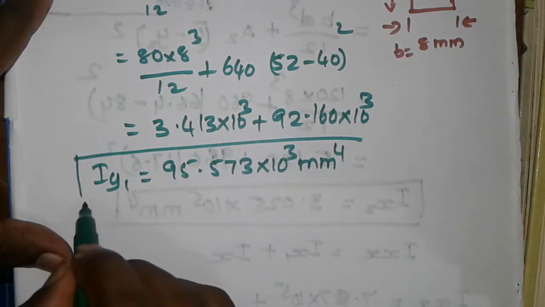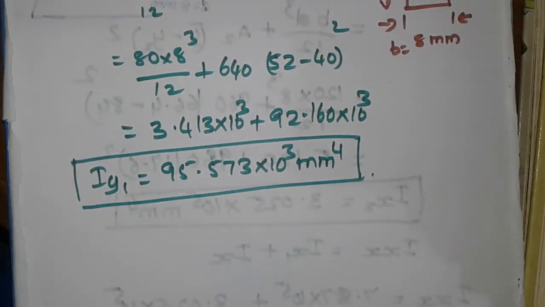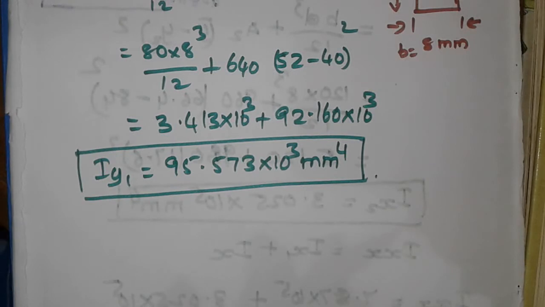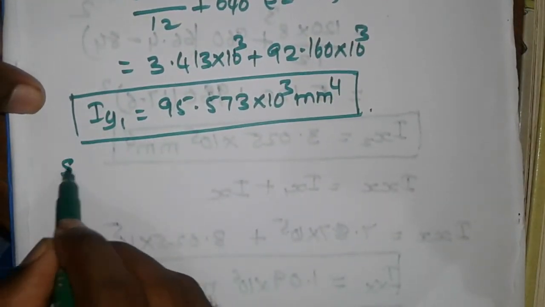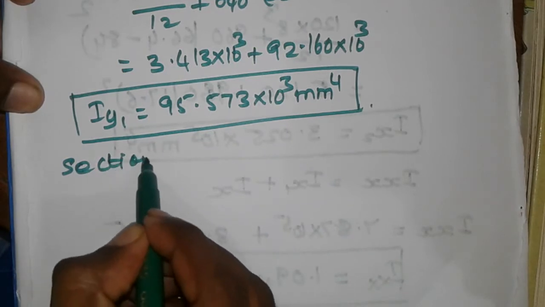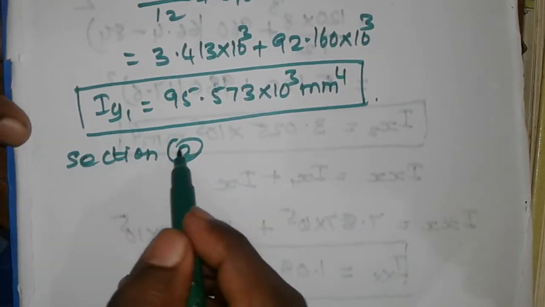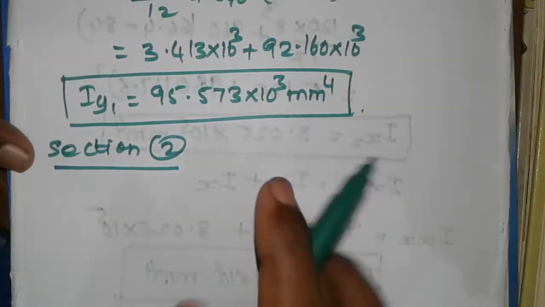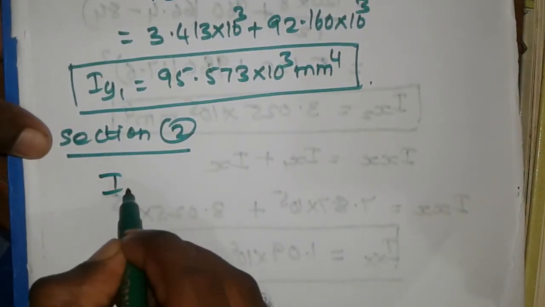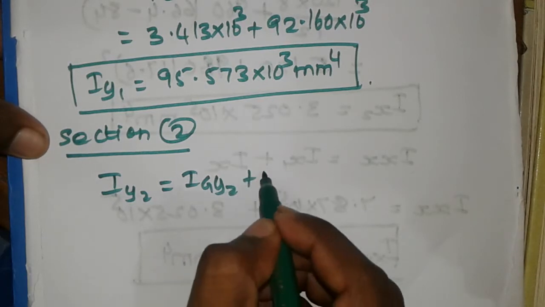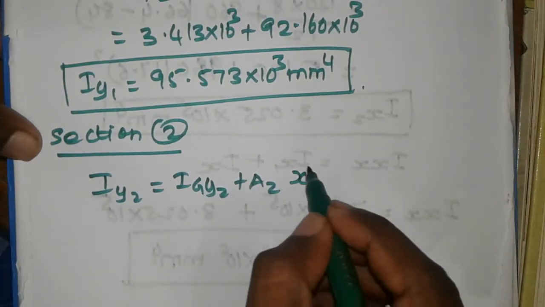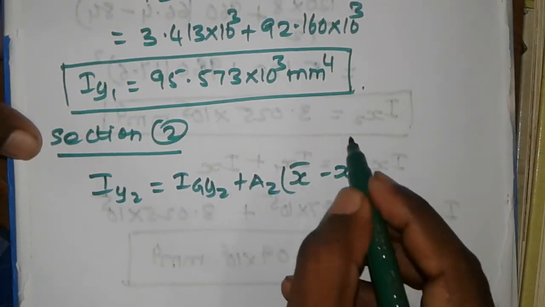This is Iy1 value. Similarly, we have to find out the moment of inertia for section 2. Iy2 is equal to Ig2 plus A2 x bar minus x2 the whole square.